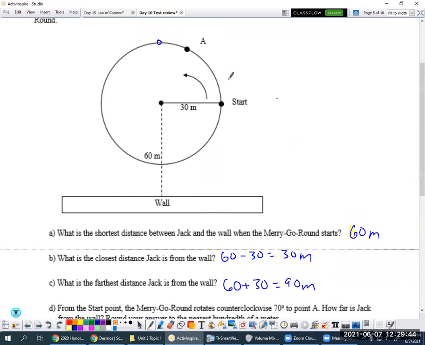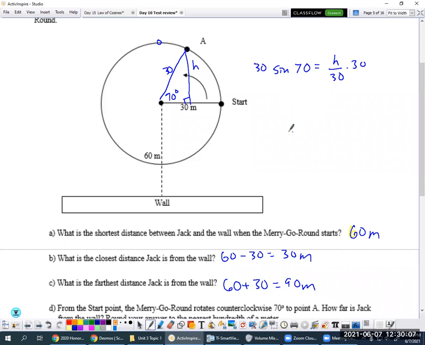So I'm going to set this up here. I've got 70 degrees. Pretend that's a right angle. I know this is 30. I'm looking for this height. So again, it's going to be sine because opposite over hypotenuse. And I'm going to multiply both sides by 30.